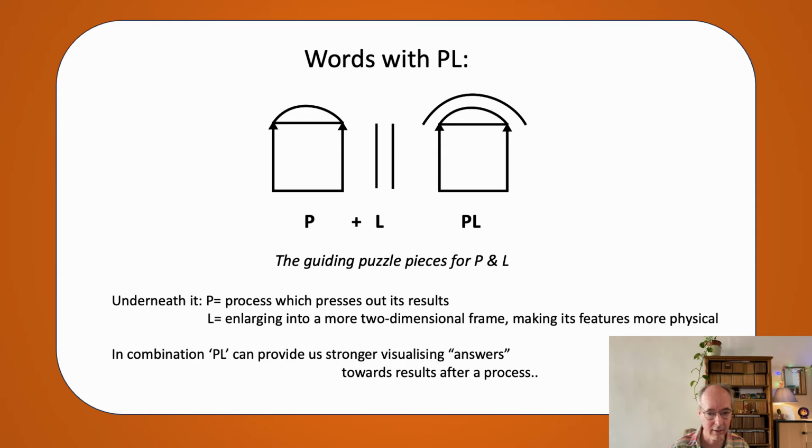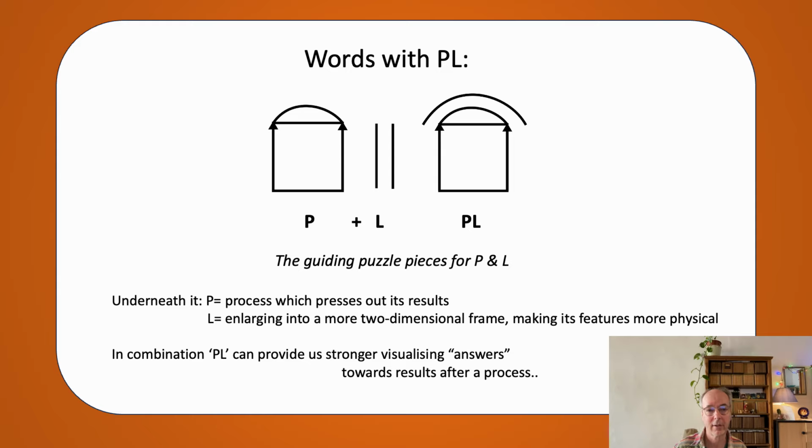And this idea will be noticeable in all the words that I will show you. So you have a way to push yourself towards visualizing better the result that we like to see with this process towards it as well.